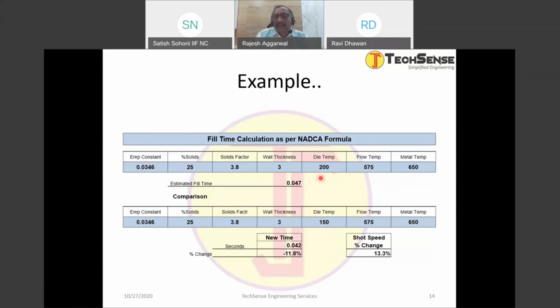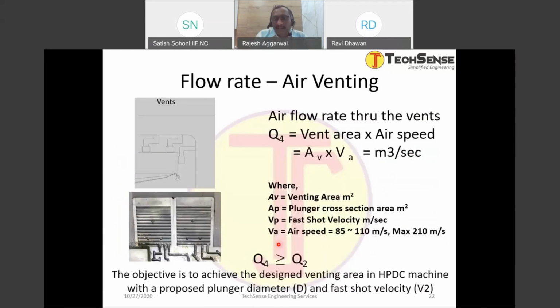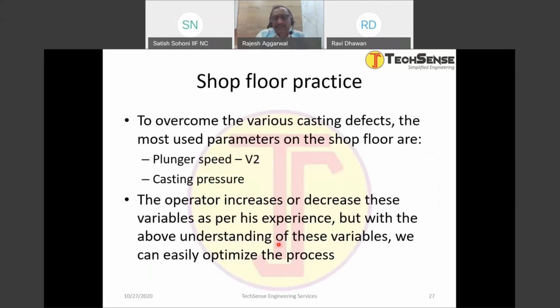Non-standard input means, say, the die temperature required is 200, but it is not 200. Then you have to compensate somewhere, right? How do you compensate? Increase the speed, reduce the fill time required, achieve a lower fill time. That is how you do it. That is what I meant when I said we will see that at a later stage. That is what happens on the shop floor, right?